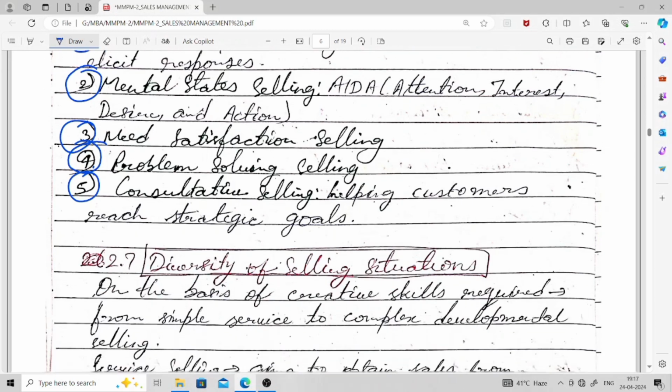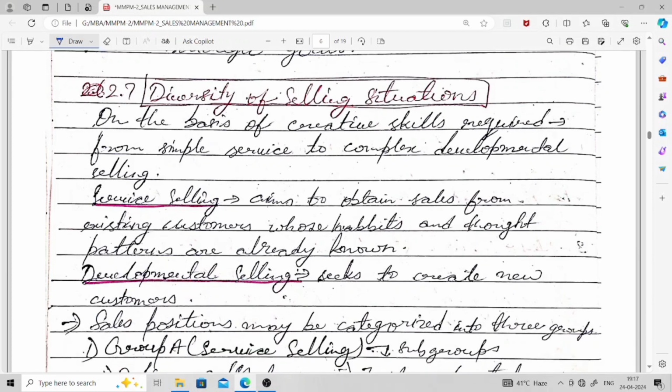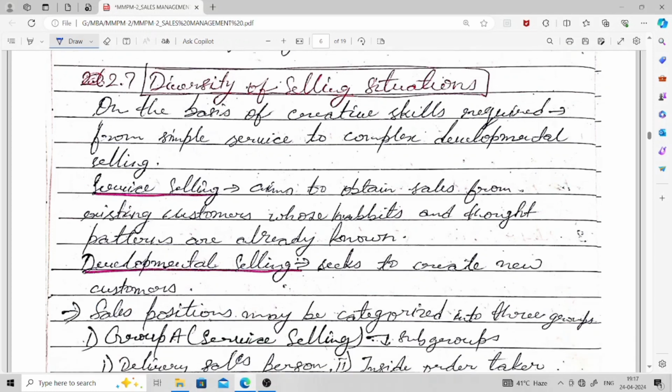Then you have diversity of selling situations. What different possibilities are there in selling situations? On the basis of creative skills required, from simple service to complex developmental selling. Simple service selling aims to obtain sales from existing customers whose habits and thought patterns are already known.